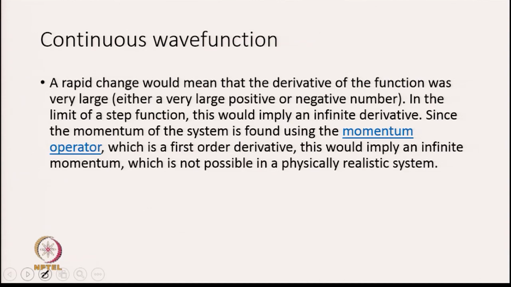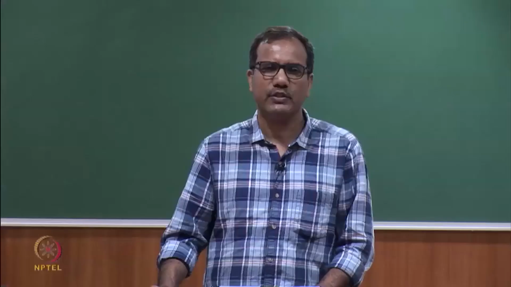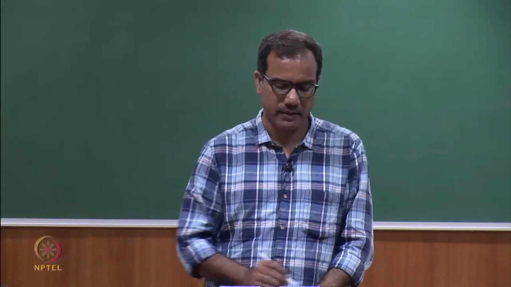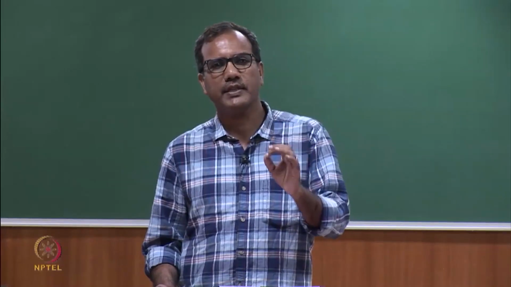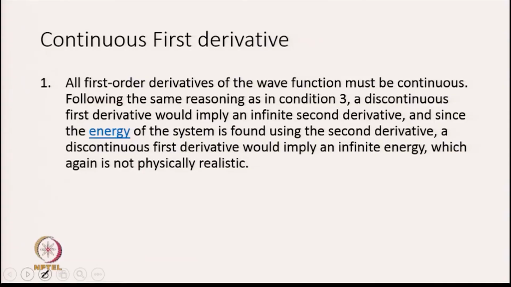Later we will find out that the momentum of a system is calculated using the momentum operator, which is a first order derivative, and if there is a rapid change, the derivative will be very large. It means infinite momentum, which is not possible in a physically realistic system. So, the first order derivative of the wave function must also be continuous.